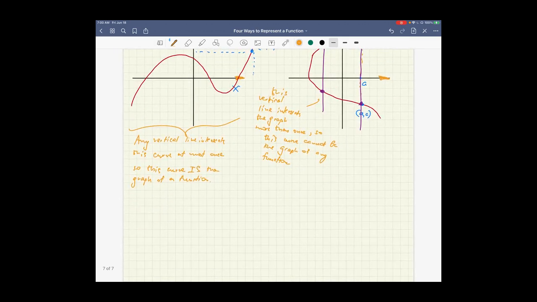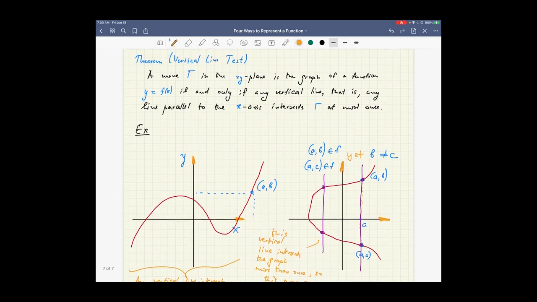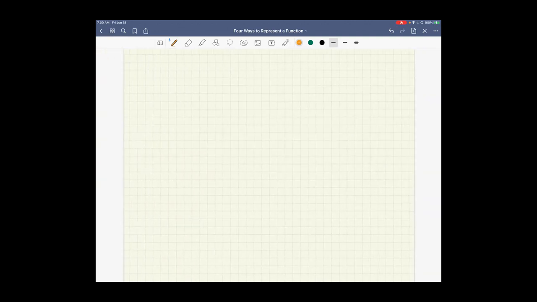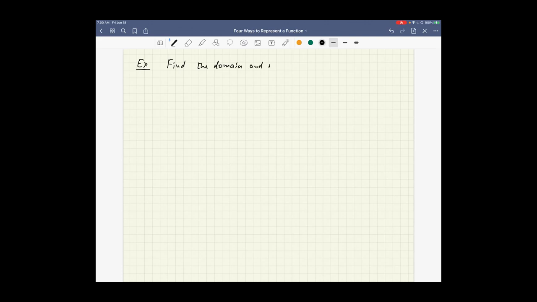Okay. Now I want to show you an example where we find the domain and image of a function given graphically. So the example is this. Find the domain and image, or range, of the function whose graph is given.